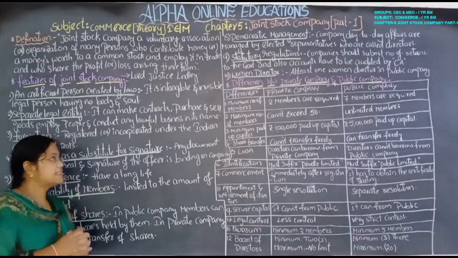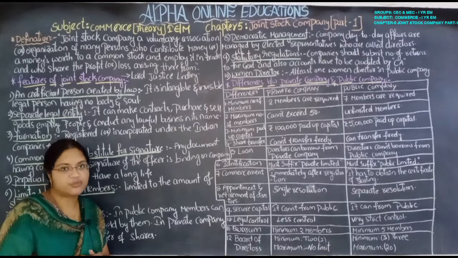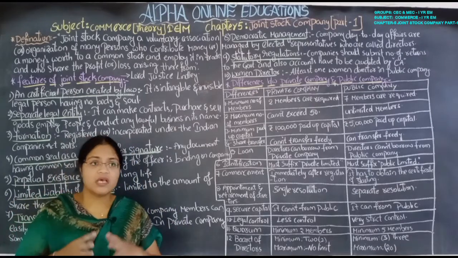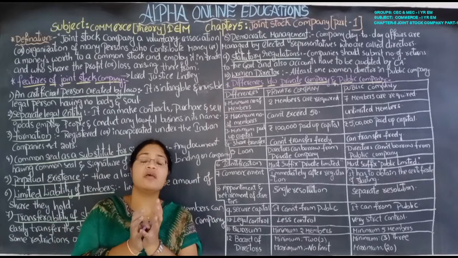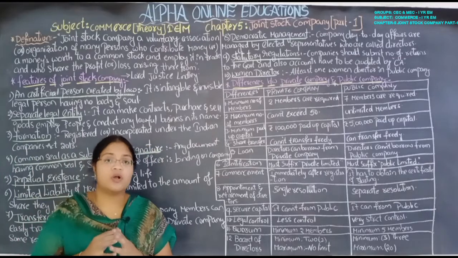Let us see now what is a joint stock company. Definition: a joint stock company is a voluntary association or organization of many persons who contribute money or money's worth. Voluntary association means an association that has been started with a common aim.